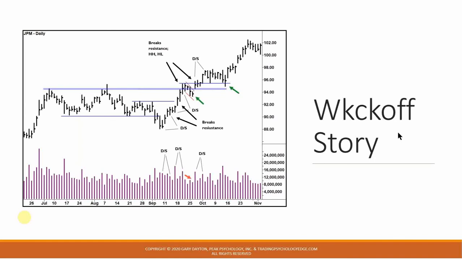Can you point out points to go long? Yes, the green arrows here. So here's the first spot to go long. Here's the second spot to go long. Here's the third spot to go long. We again break resistance, create a higher high. Price action isn't terrific.